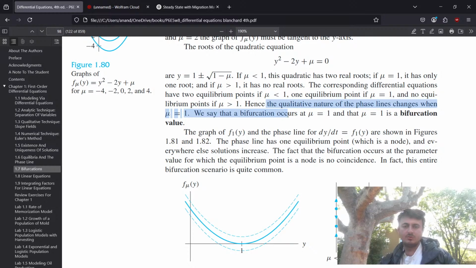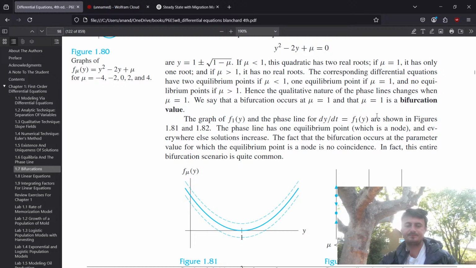We say that a bifurcation occurs at mu equals 1, and it's called a bifurcation value.